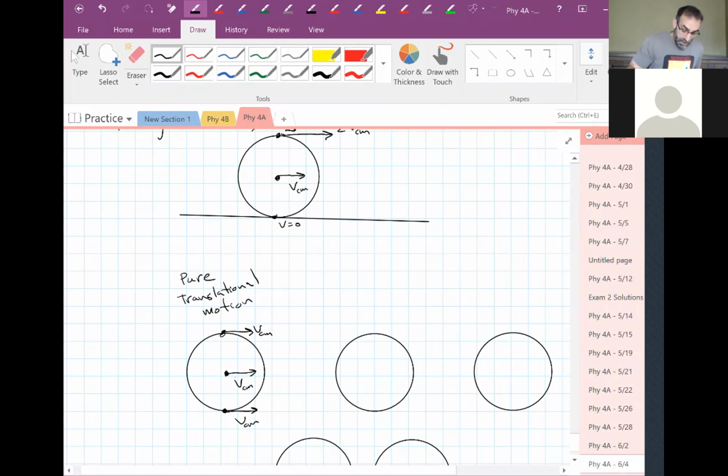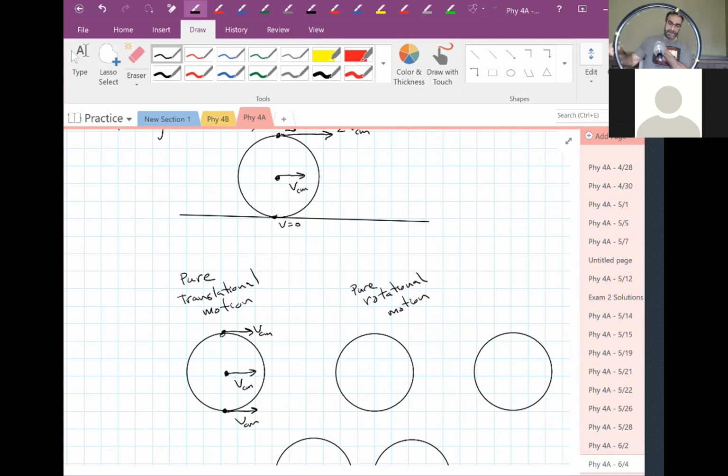What does pure rotational motion look like? Looks like that, right?